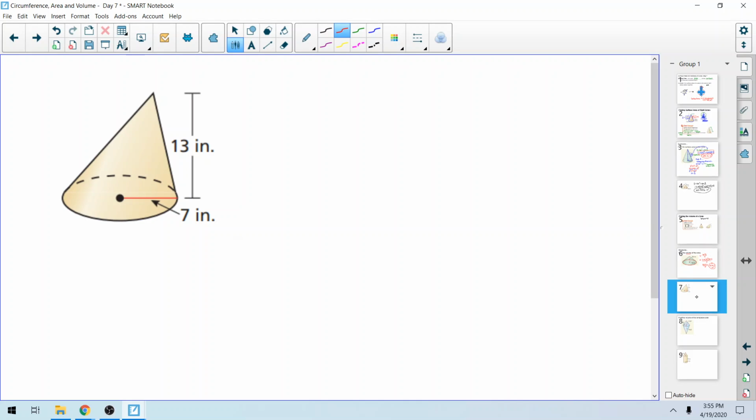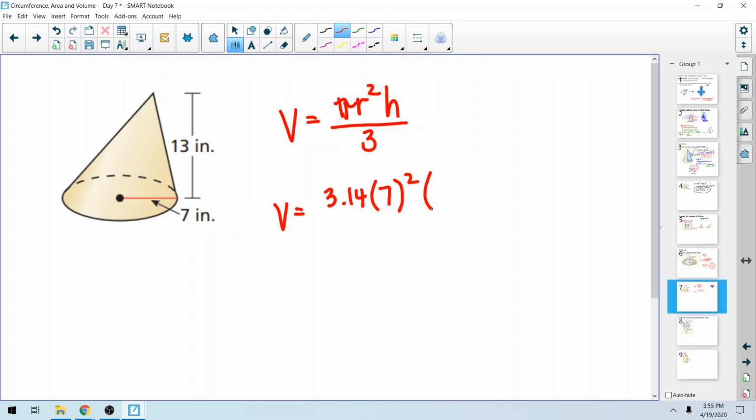Next example, find the volume of the cone. So, volume equals area of the base times the height divided by 3. Well, the area of the base is a circle, so volume equals pi times the radius squared times the height. Well, 13 is going straight up and down. It's not the slant height, otherwise they would have it slanted. So 13. And then because it's a pyramid, divided by 3.